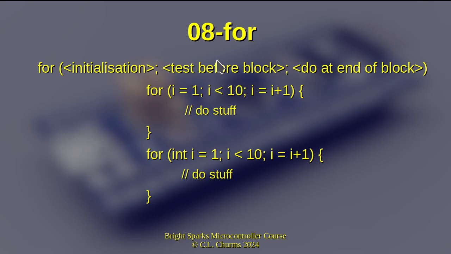The second statement here is the one that is run before we run the block each time. Remember, we're going round and round and round the block, and this one we have to do before each time we go round the block, including the first time.